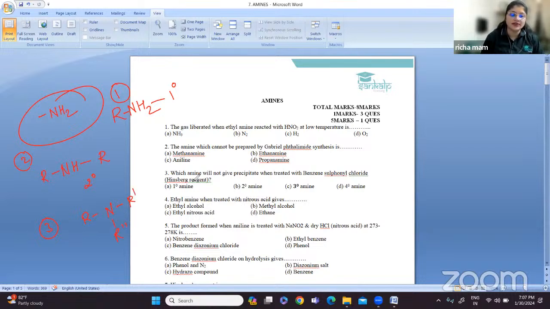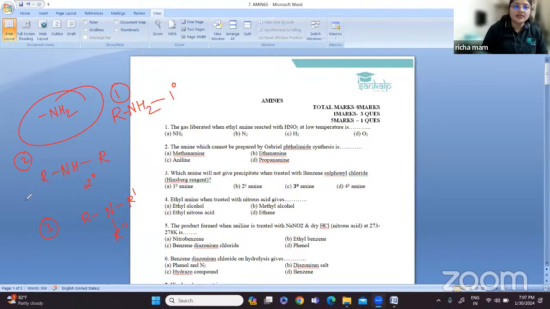You can see here, this is a tertiary amine. So these are the classification of amines. Understood?